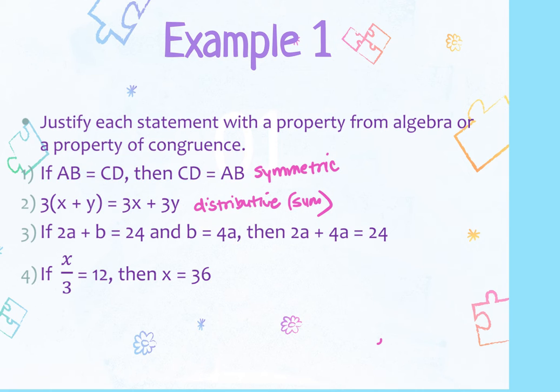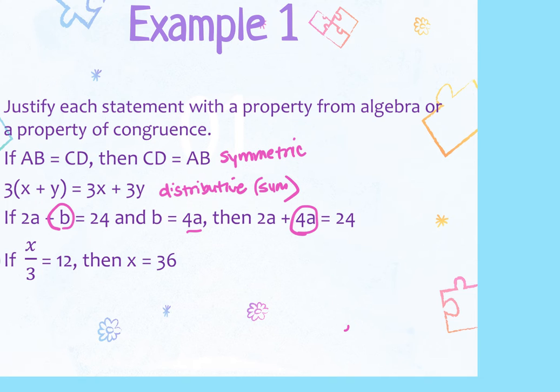One object links to a second object, that second links to a third, so we bridge together the first and the third. This actually has an addition statement there, and what's happened? Substitution. So we took b and we substituted in what b equals. So this is substitution.